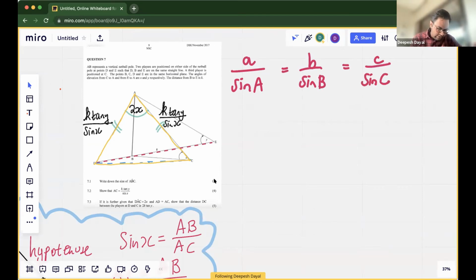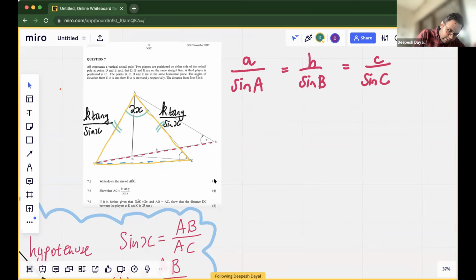And in ABC, to find DAC, we've got 2x. And I want to find ADC and ACD, which are both the same, right?